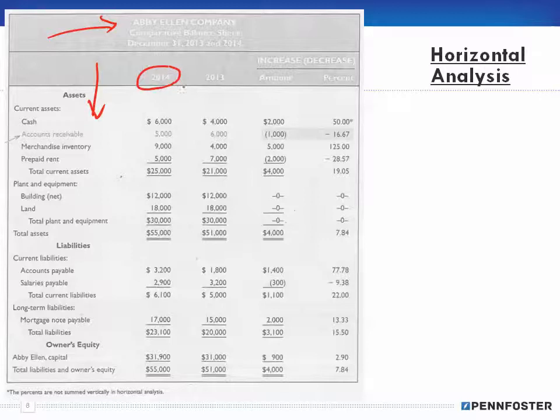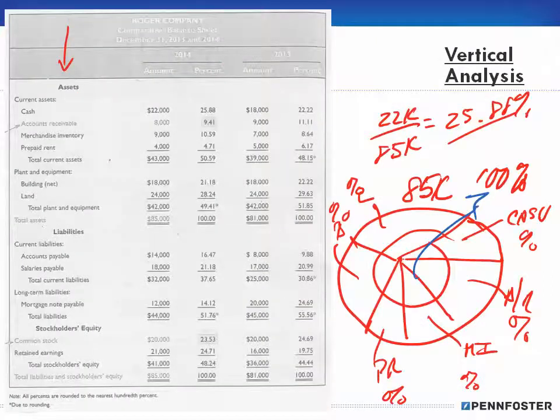Notice that we have our years, 2013 and 2014, but with the horizontal analysis, we have our increase or decrease, the amount, and the percentage. What we're doing is comparing one year with the other. In the comparative balance sheet up here, we took the information within that particular year as our base.